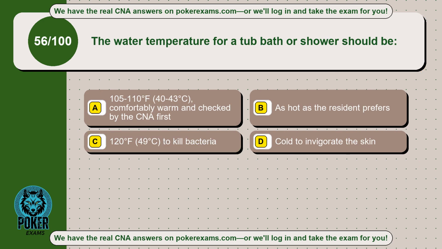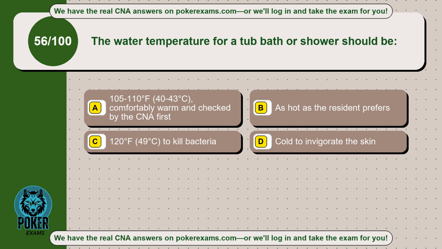Question 56. The water temperature for a tub bath or shower should be: Option A, 105 to 110 degrees Fahrenheit, 40 to 43 degrees Celsius, comfortably warm and checked by the CNA first. Option B, as hot as the resident prefers. Option C, 120 degrees Fahrenheit, 49 degrees Celsius, to kill bacteria.